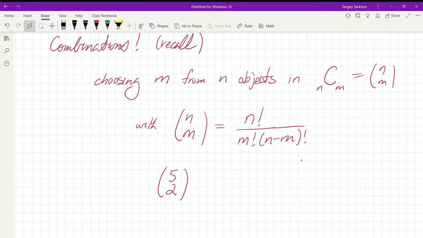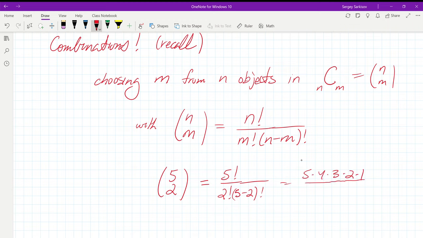It's like, let's say I choose 2 y's, and the rest are going to be, of course, the 3 x's. But you choose 2 of them to be y's from the 5 possibilities. And so that's what's going to happen. Watch this. 5 factorial, which is 5 times 4 times 3 times 2 times 1, over 2 factorial, and 5 minus 2 is 3, so 3 factorial. By definition of factorial, you just go down, down, down, multiplying. So this is 5 times 4 times 3 times 2 times 1 over 2 times 1 times 3 times 2 times 1.